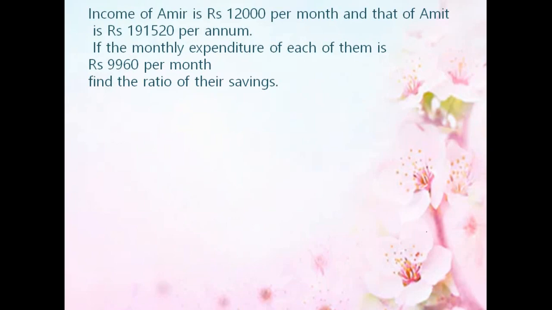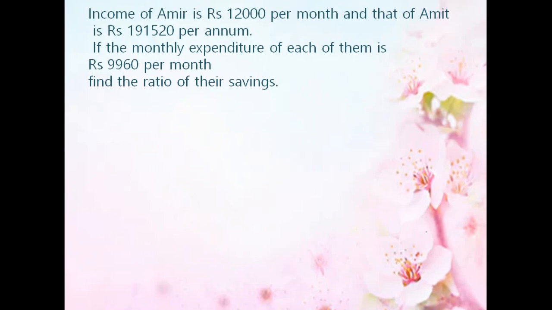If the monthly expenditure of each of them is 9,960 per month, find the ratio of their savings. So what is given here? The income of Amir is given. Income of Amit is also given. But income of Amir is given per month. It is 12,000 per month.